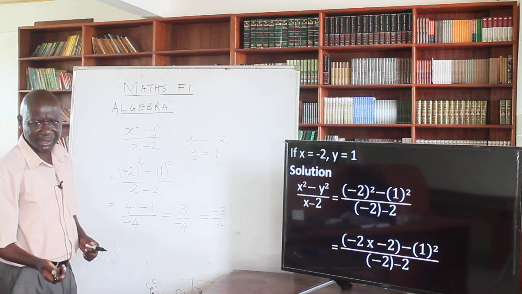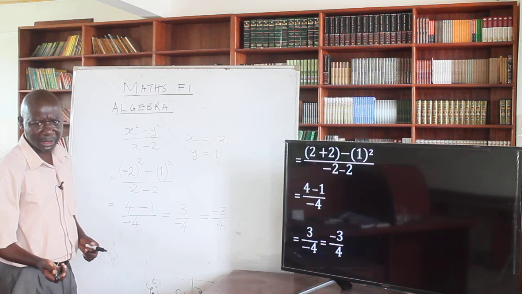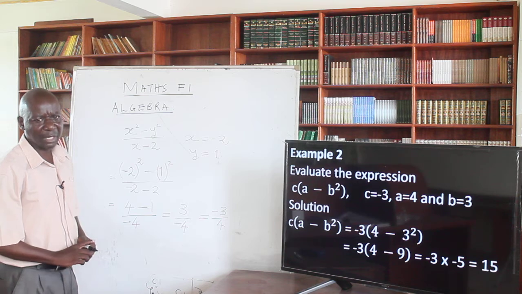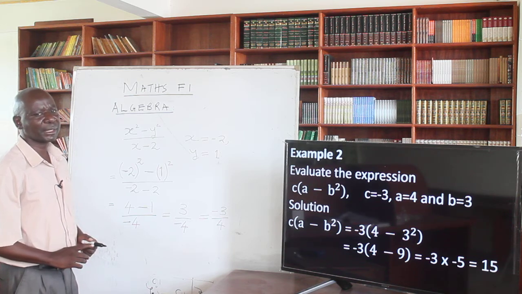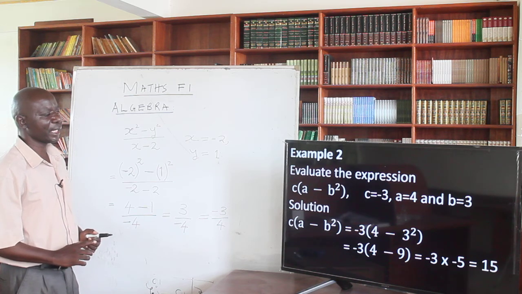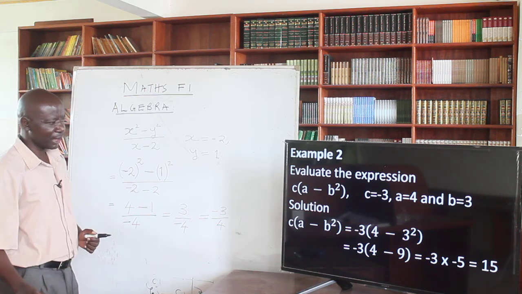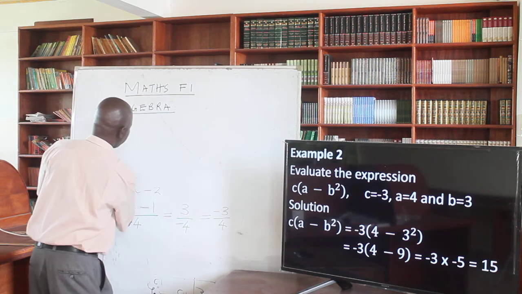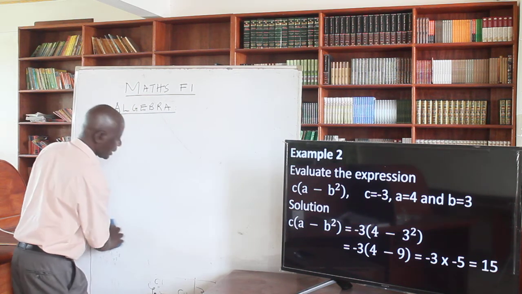And look at this example where we also need to substitute. It says evaluate the expression c in bracket a minus b squared, close the bracket. The specific values for those variables are given.